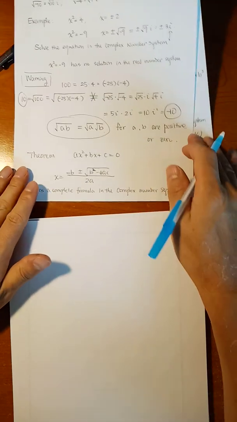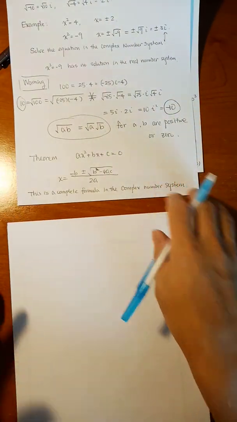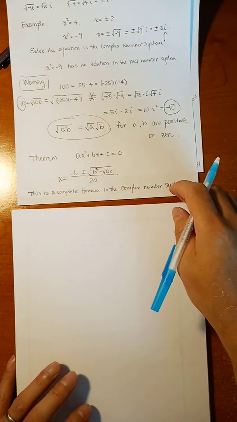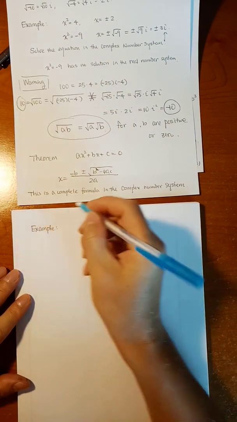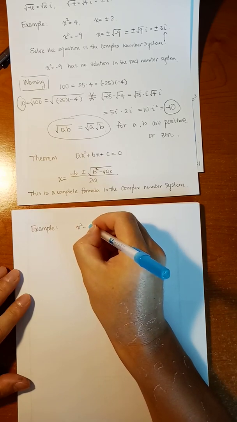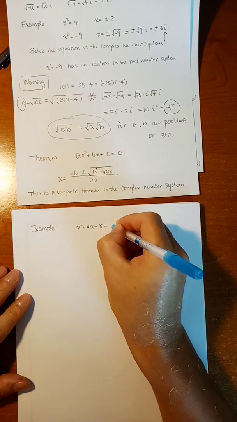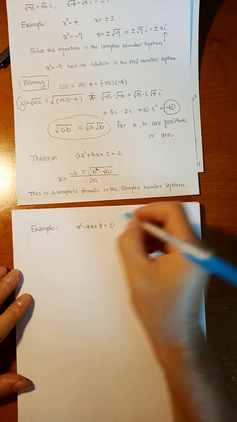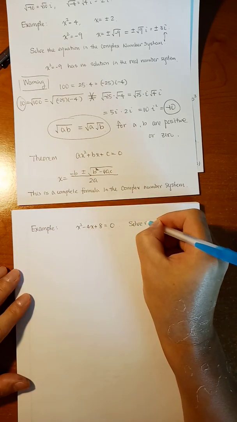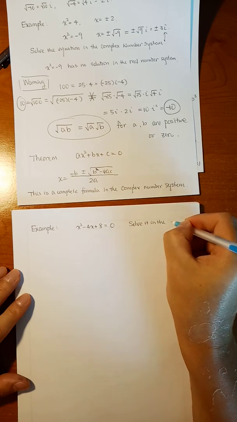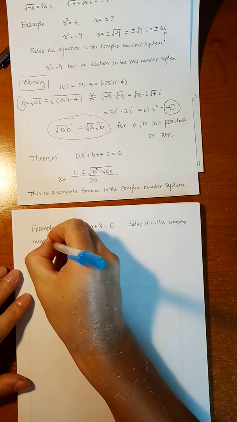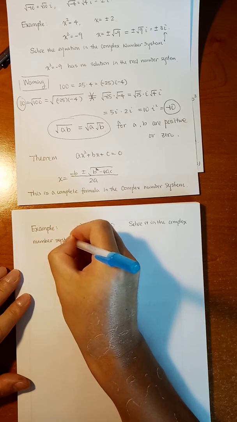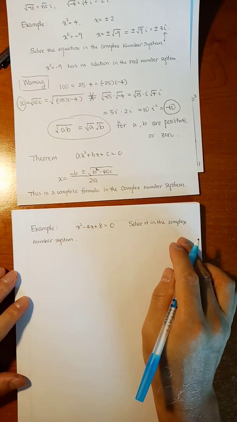Okay, then let's see, for example, we have x squared minus 4x plus 8 equal to 0. Solve it in the complex number system.